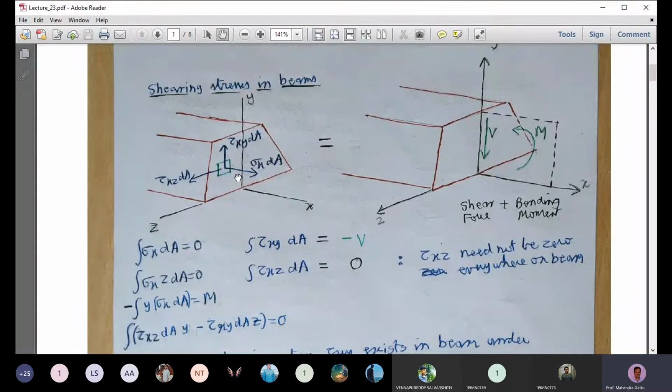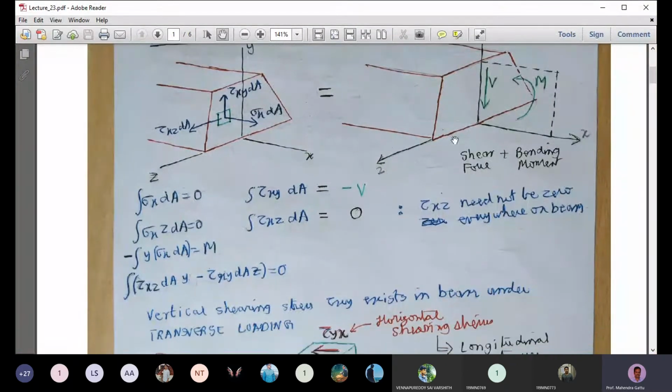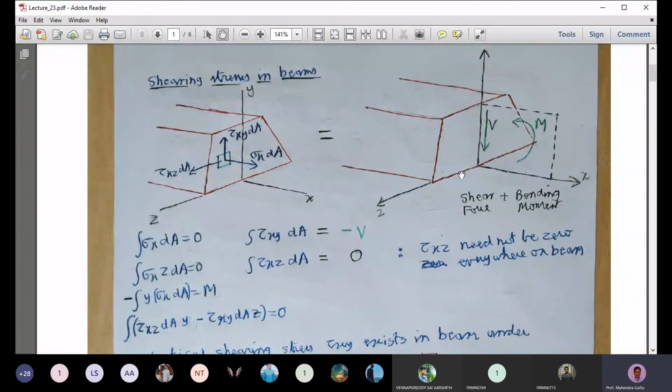We can write the equations relating these internal stresses with the resultant shear and resultant bending moment. We have done that for pure bending moment, where the shear force V is 0 and we have only M. For that case, we have done the analysis.